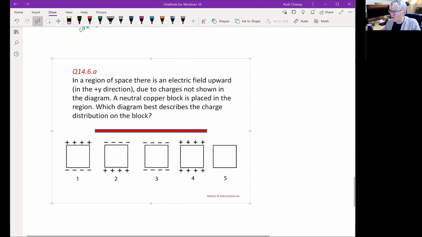So which diagram best shows us the distribution of charge in or on the copper block? Okay, so we've got these 5 possible charge distributions on the copper block.